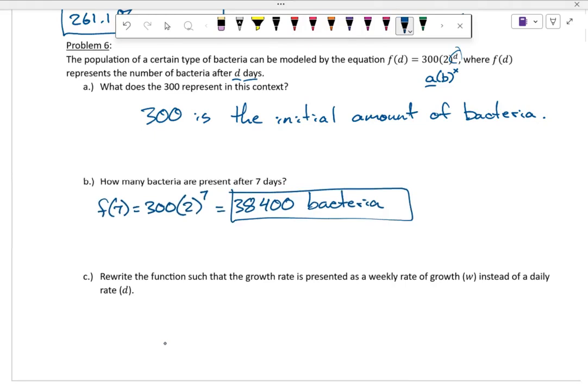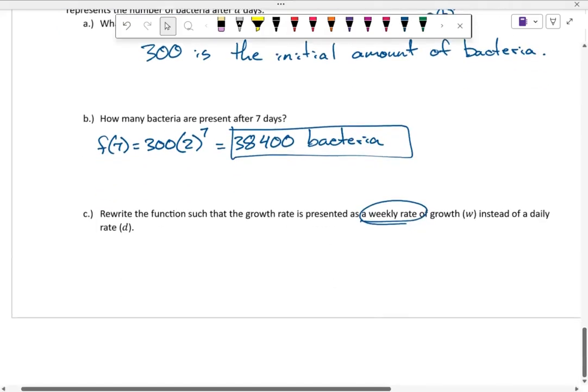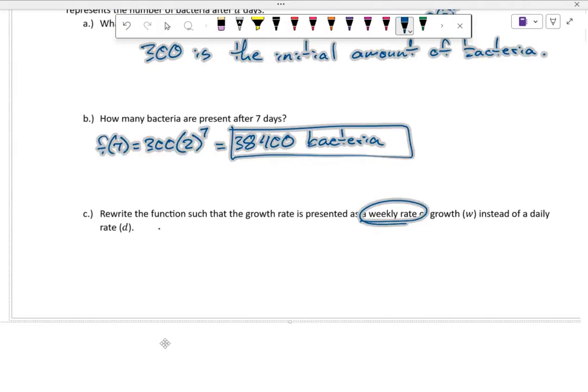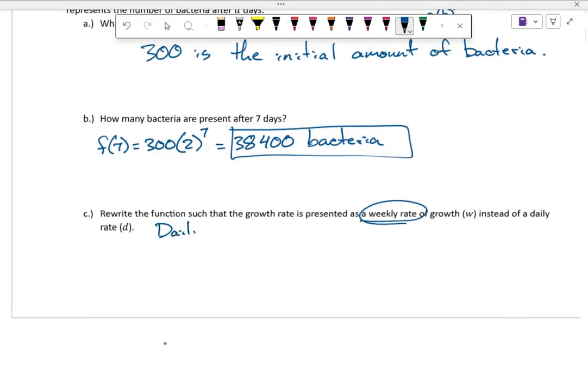All right, part C, it says rewrite the function such that the growth rate is presented as a weekly rate of growth, w, instead of a daily rate, d. So we're going to go ahead and do that. So weekly, so we're going daily to weekly.